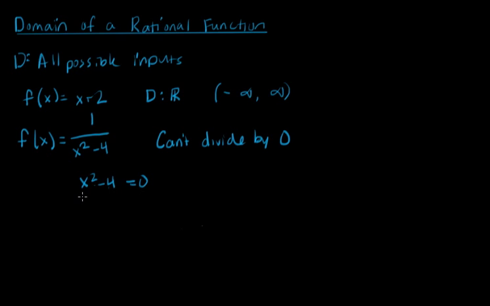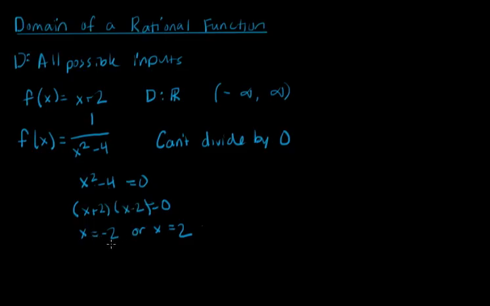So for example, I can factor this, so it's x plus 2 times x minus 2. That equals 0. So then we would get x equals negative 2 or x equals 2 by setting each of these equal to 0.